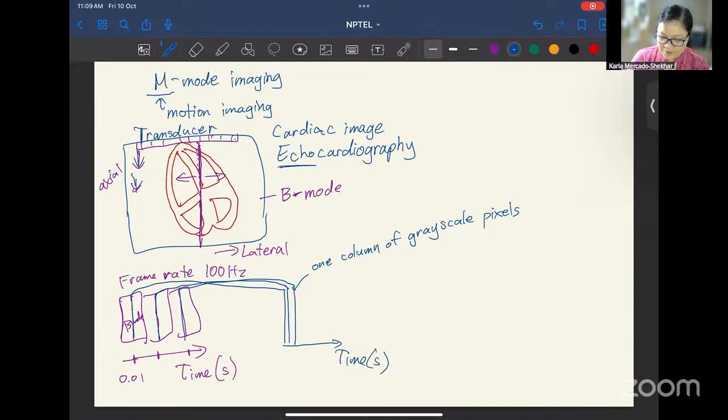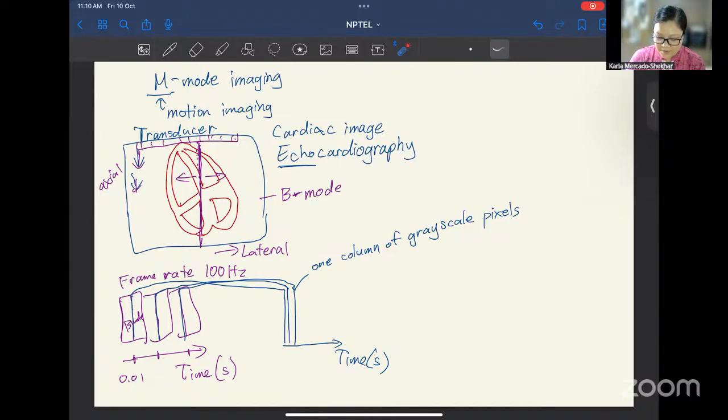Basically, you can see movements of the heart because the heart is a dynamic tissue. It will move, and because of the cardiac cycle, the heart will change its shape. So you can see some of the pixels moving here, then going here, and you can see those gray pixels changing in location over time.